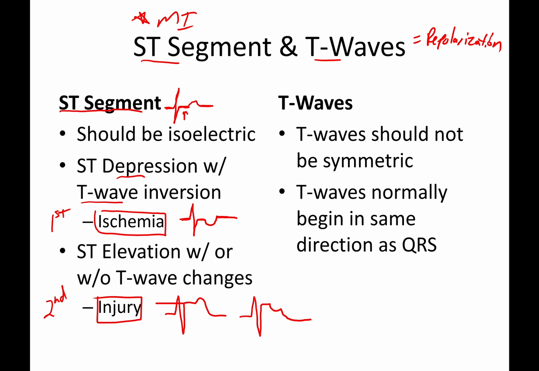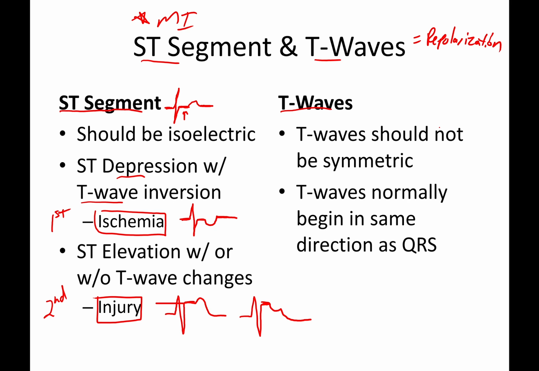And so that's a worsening. You're really, really affecting the cell's ability to repolarize, hence the reason it's taking longer. Your isoelectric line has been elevated. That lack of blood flow is affecting your T waves as well. So that's injury. You're starting to have some cell damage, but it's still reversible. T waves.